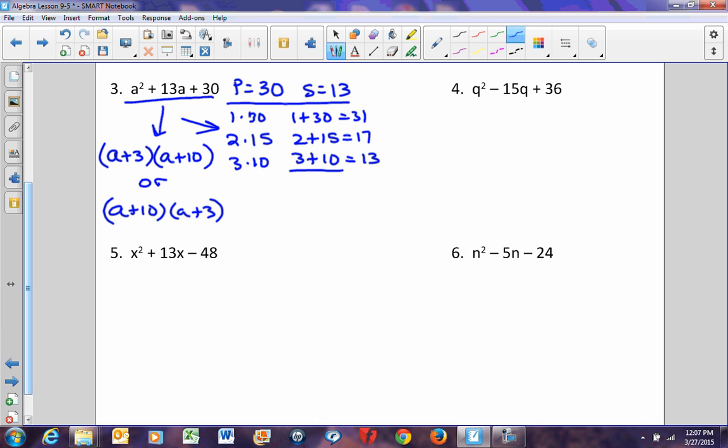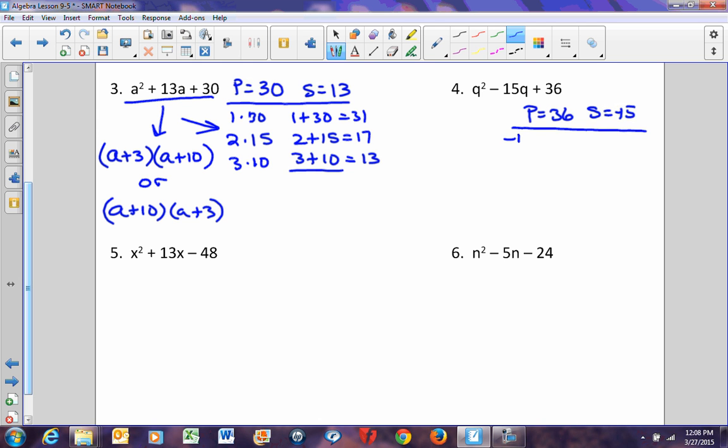Okay, number 4. I need a product of 36 and a sum of negative 15. All right, so if my sum is negative but my product is positive, again, both my factors have to be negative.